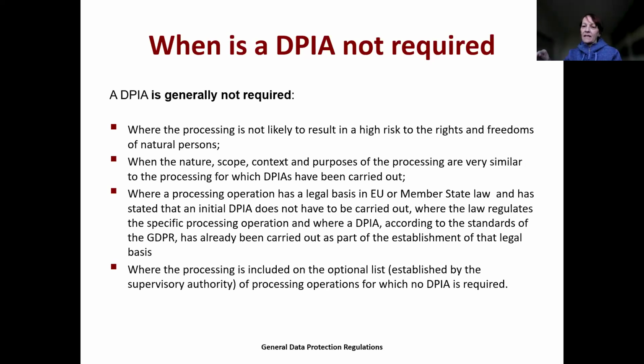Those departments wouldn't necessarily have to carry out a DPIA because the pilot ones did. The next one would be very unusual to relate to MTU: where there's a legal basis in a member state. And the last one, again very unlikely, is the optional list, which we don't have.